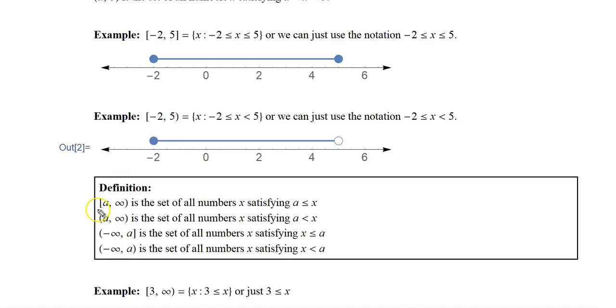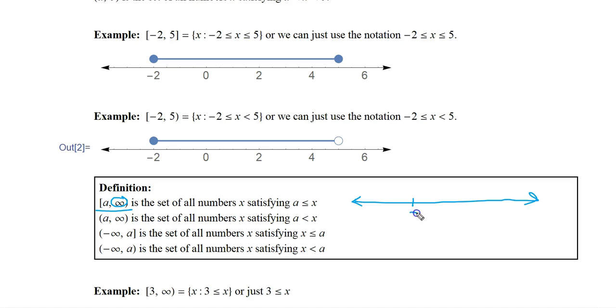So this is the notation we use here to indicate the set of all numbers x that are bigger than or equal to a. So we put a little closed bracket at a, comma, and this is our positive infinity symbol right here. So this represents all the numbers from a all the way out to infinity. And graphically, we could represent that like this.